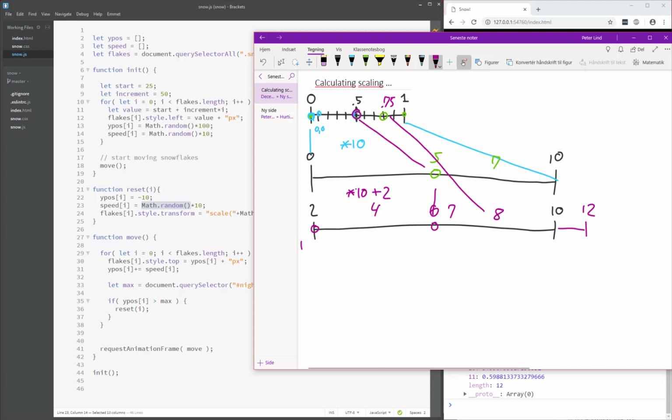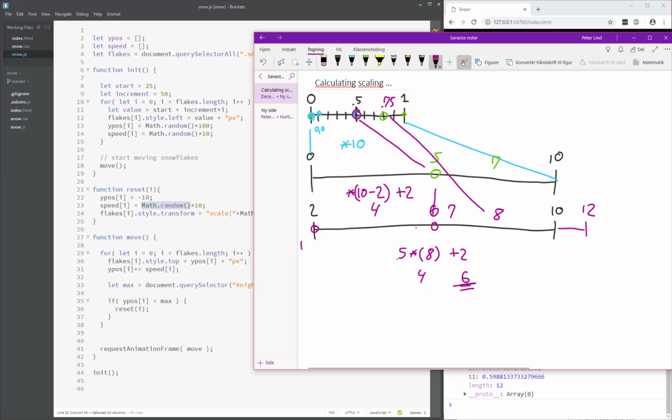So if I don't multiply by 10, but instead multiply by 10 minus 2, and then add the 2 afterwards, that would mean 0.5 multiplied by 8, that would be 4, plus 2, that would be 6.